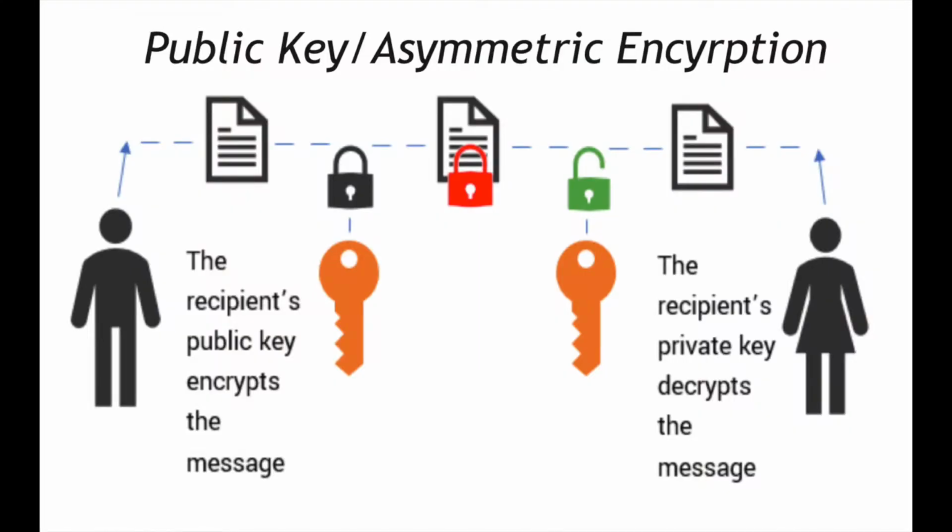Then this new fancy way of encrypting things that doesn't require you to physically bring a key anywhere came about. And it's called asymmetric encryption. It's also called public key encryption. And it works like this. You've got two keys, a public one and a private one.